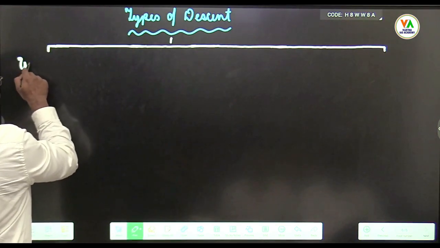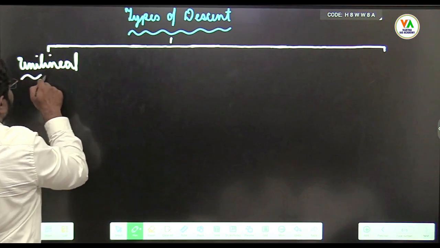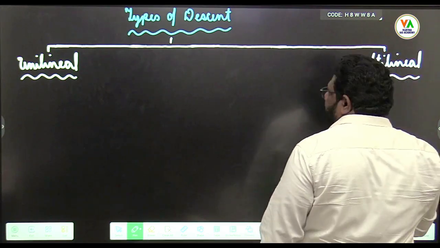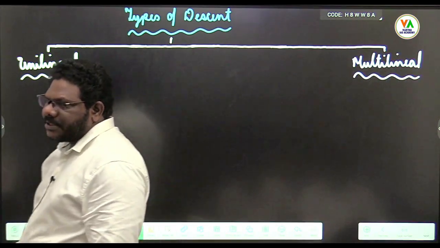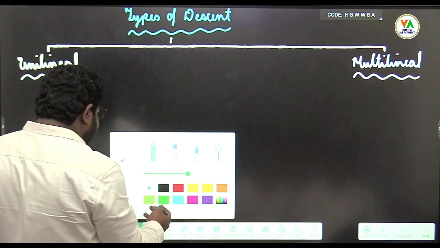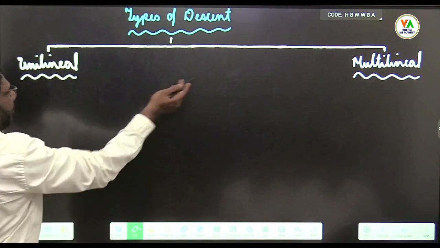So you have unilineal and multilineal descent. Unilineal means lineage from one parent. Multilineal means more than one, that is obviously both the parents.